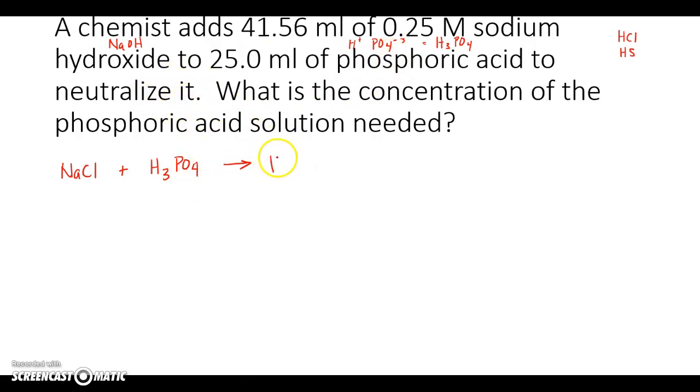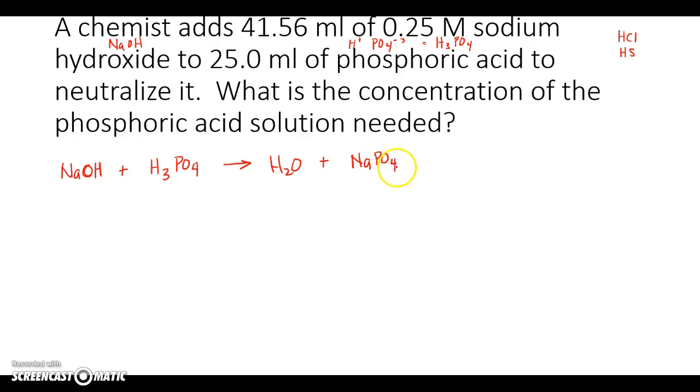So we know that water is always going to be formed, and in this case our salt, what's left over, is going to be, my apologies, I wrote the wrong one here, didn't I? This should be, there we go, sodium hydroxide. So in this case, our salt will be Na and then PO4.